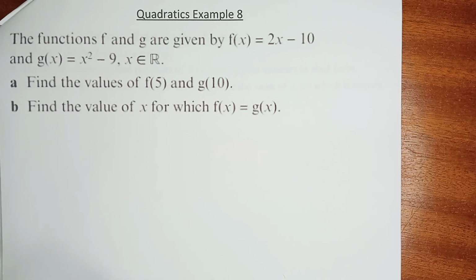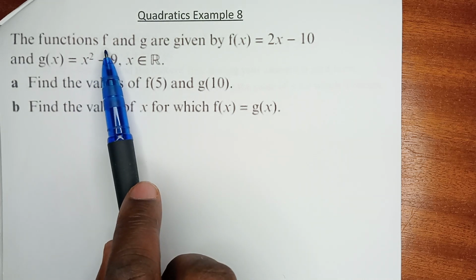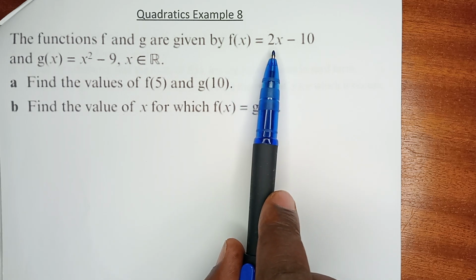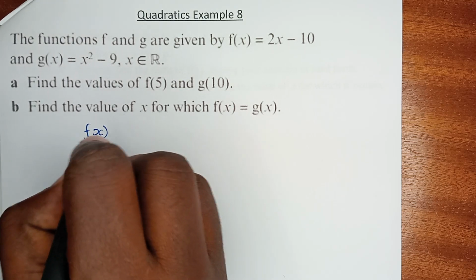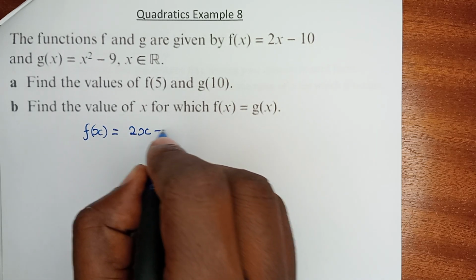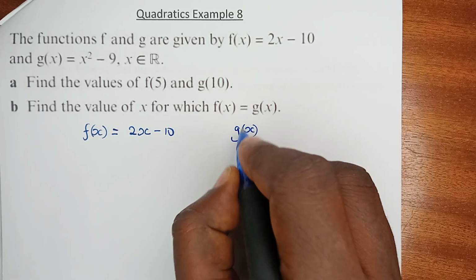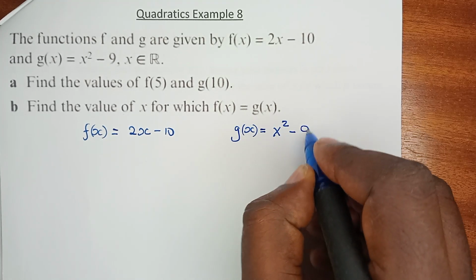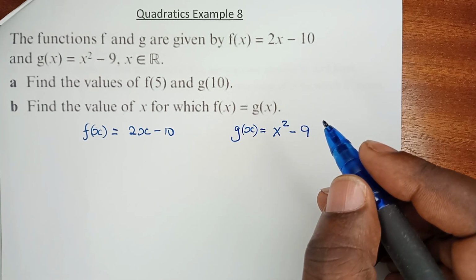We are just going to explain example 8, which says the functions f and g are given by f(x) is equal to 2x minus 10 and g(x) is equal to x squared minus 9, where x is a real number.